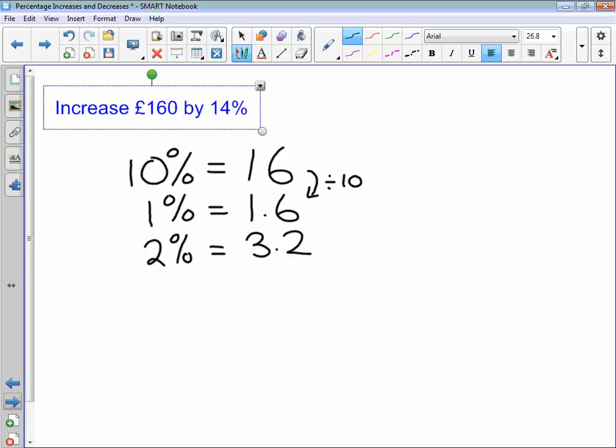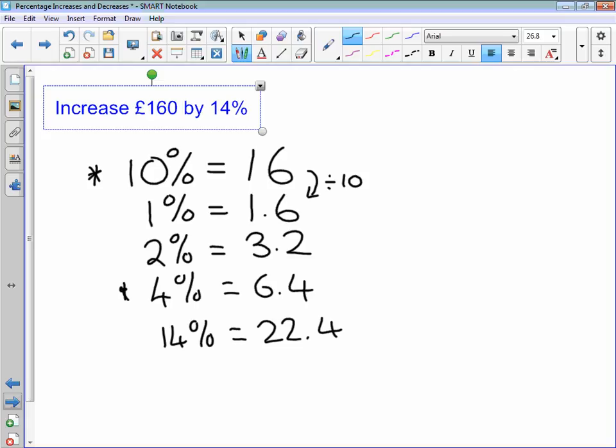And if I double that, I get 4%, which is 6.4. So I need to add this 10% and this 4% together to make 14%. And if I do 16 plus 6.4, I get 22.4. Now it's money, so that is actually £22.40.